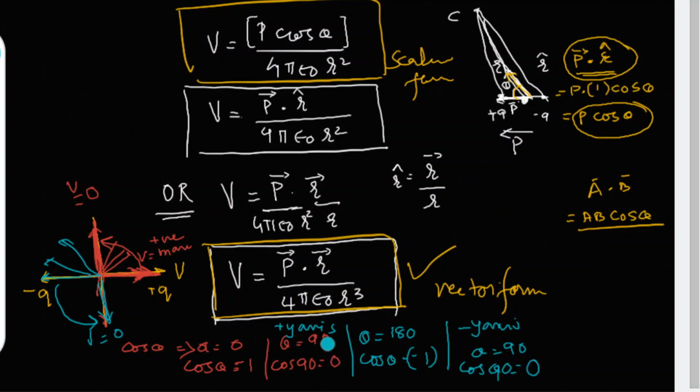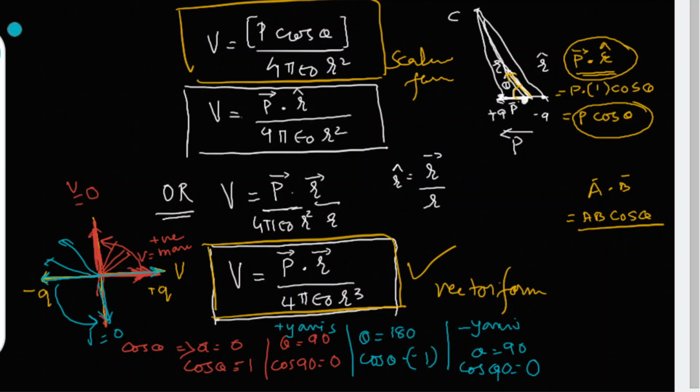So the total potential becomes here 0. Are you getting? So here the potential is maximum towards the positive charge, and if the negative charge is there, potential is negative, but at this point the potential is 0.